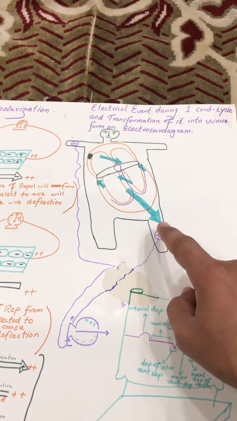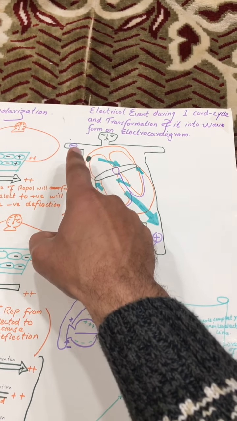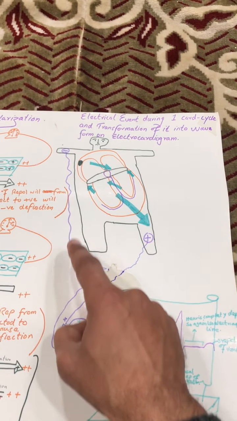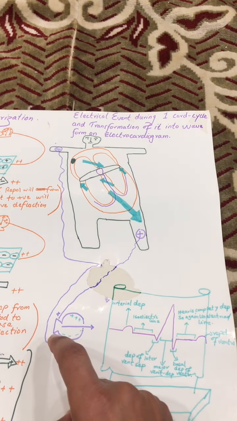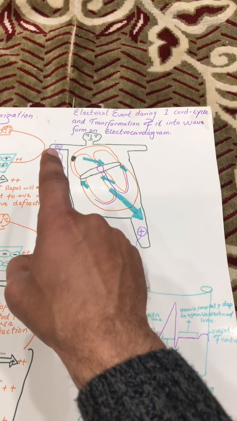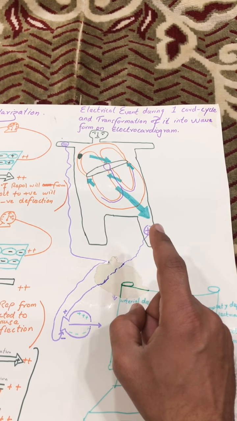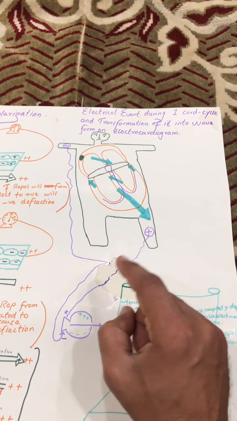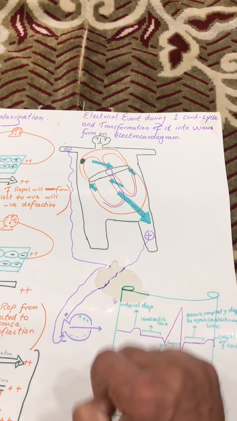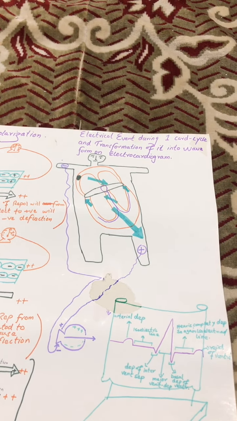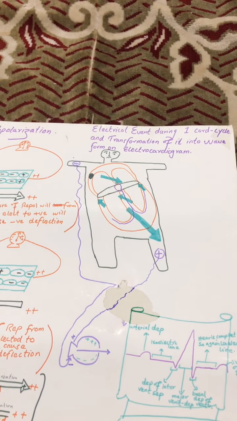Okay, and we have connected this human body's right hand to the galvanometer with the help of the negative electrode, and we have connected the positive electrode of this galvanometer to the left foot.